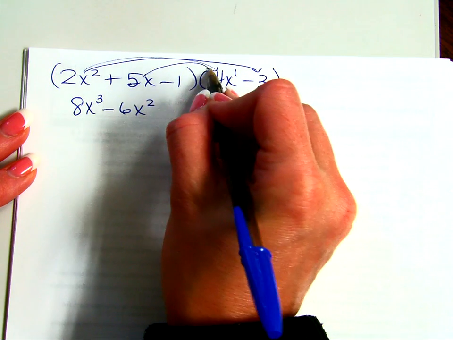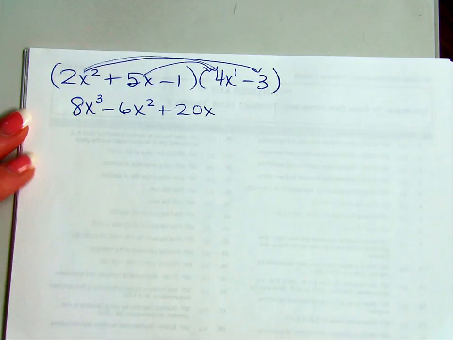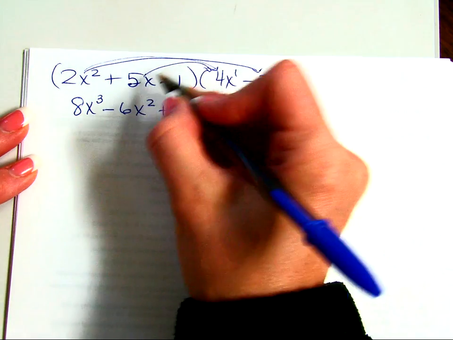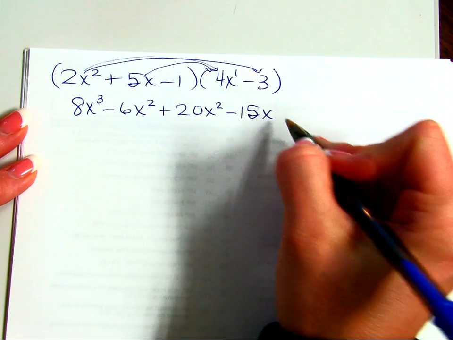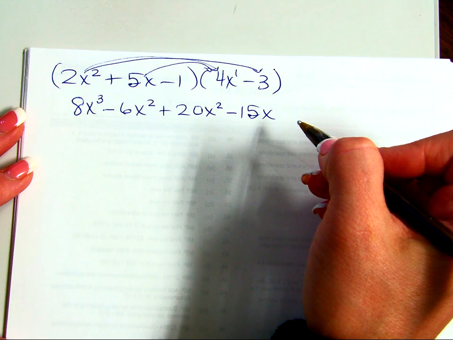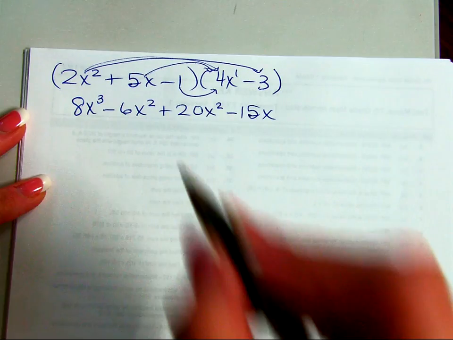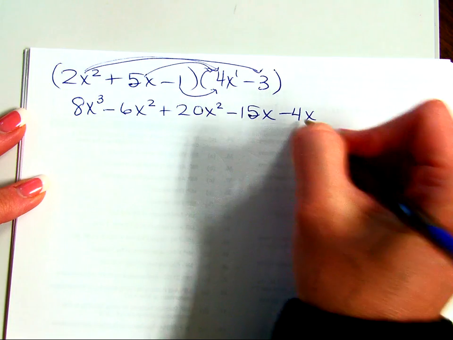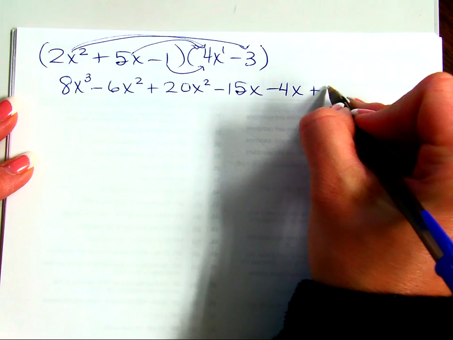And that's going to give me 5x times 4x is 20x squared. And 5x times negative 3. Okay. Next, let's distribute the negative 1. And negative 1 times 4x is negative 4x. And negative 1 times negative 3 is positive 3.